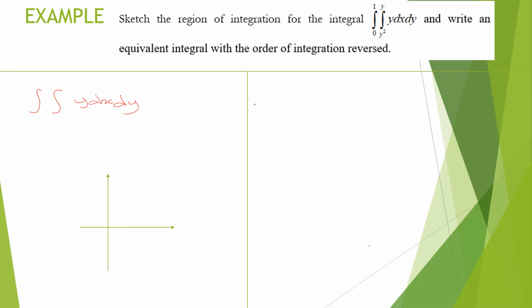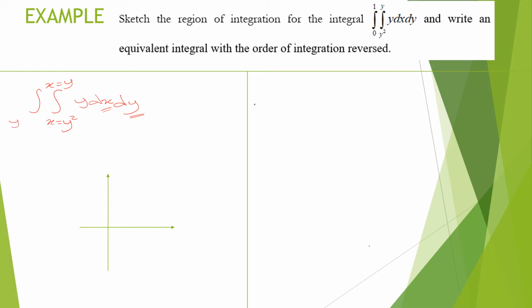Okay, so here we have x. So here the inner limits will be x equals y squared up to x equals y. Next, we integrate with respect to x, then y.